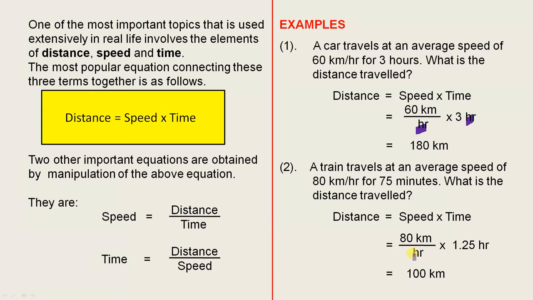So if we do the same trick and we cancel the hours, because that's 1.25 hours over 1, then you multiply 80 by 1.25 and that gives you 100 kilometres for the distance.